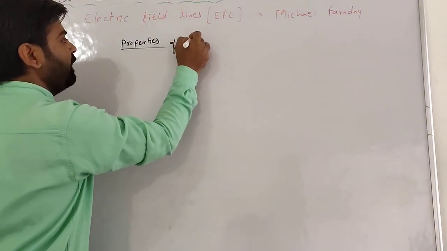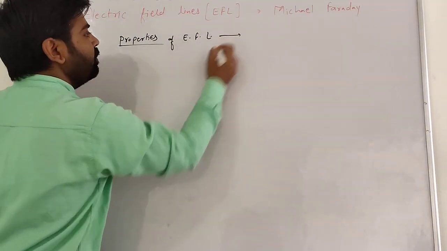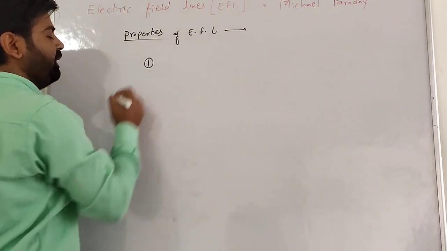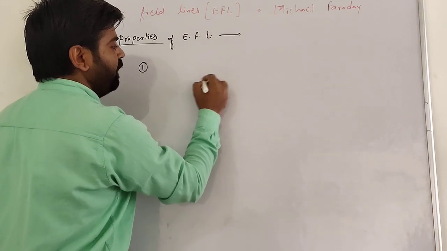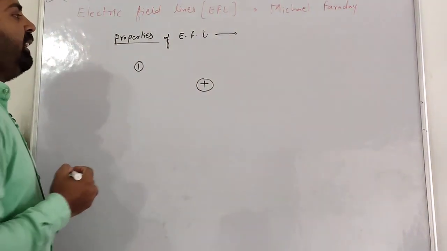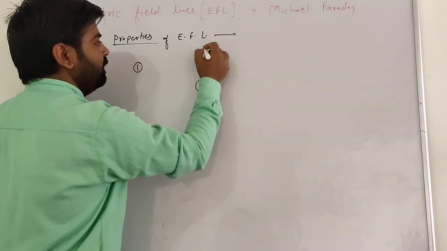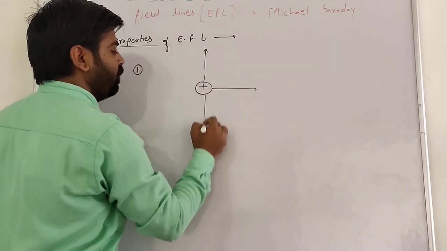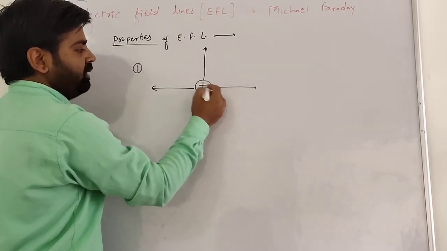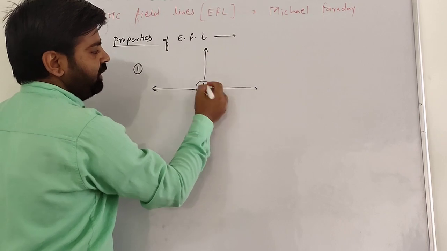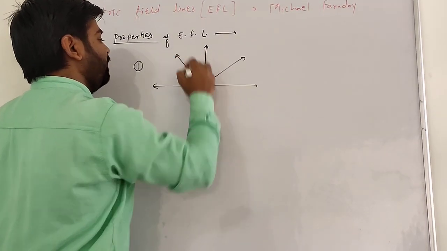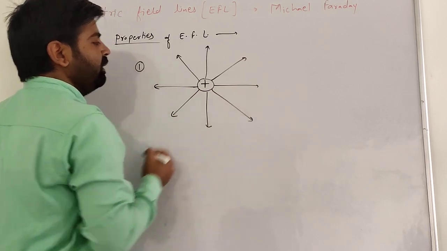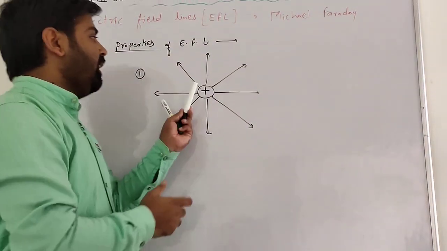Properties of electric field line. First property: for any single positive charge, the electric field lines are in radially outward direction in such a way. This is a single positive point charge, and the field lines are in radially outward direction.